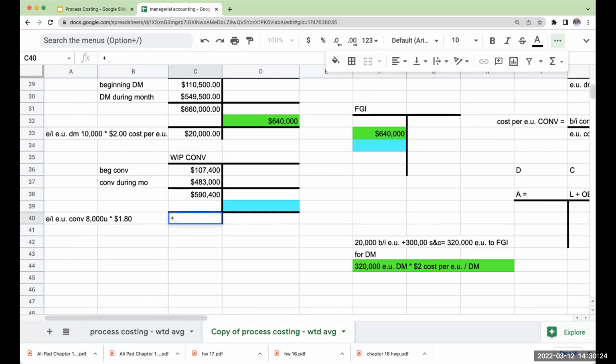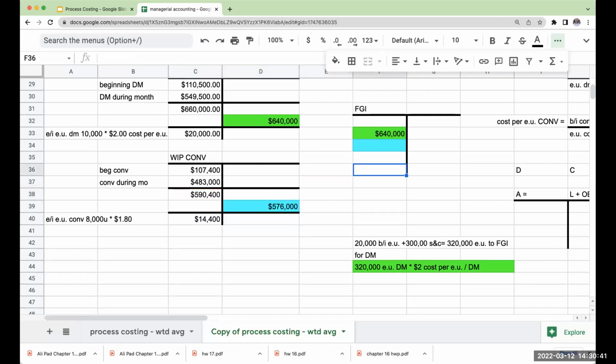Well, my ending inventory has to be 8,000 times $1.80, or 14,400. Now, if I'm solving here, 590 minus what gives me 14,400, this is going to be $576,000.